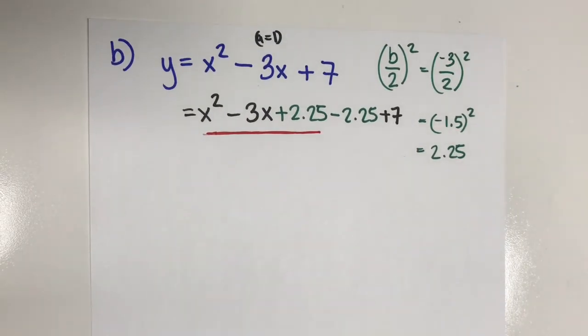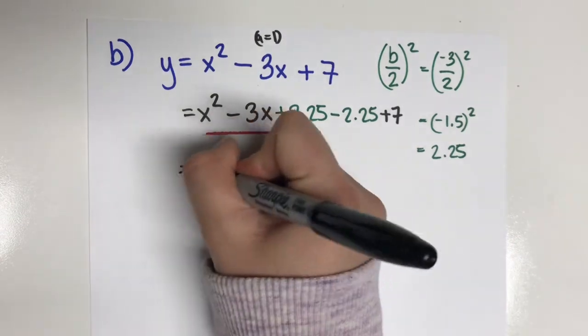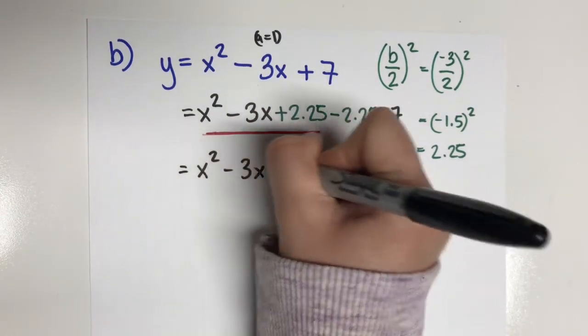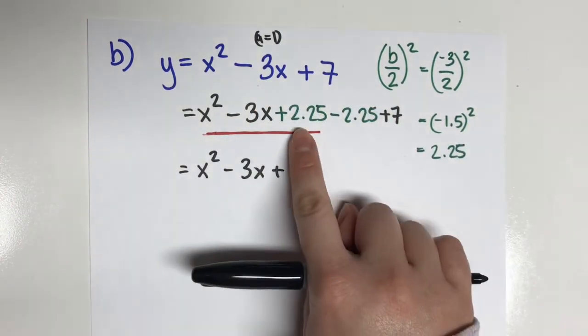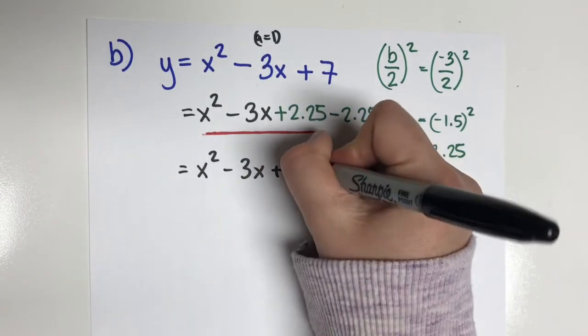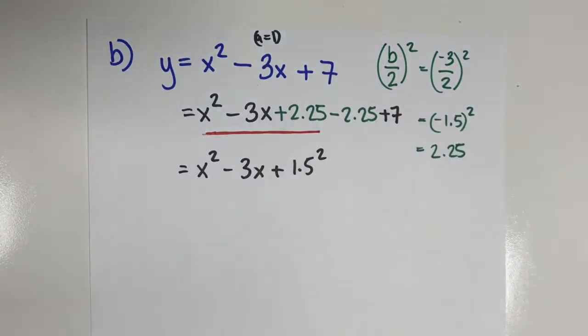Just by looking at it, you might not be able to see it, but I know it is because this strategy will always create it. So x squared minus 3x plus the square root of 2.25, which is 1.5. That's my perfect square trinomial.